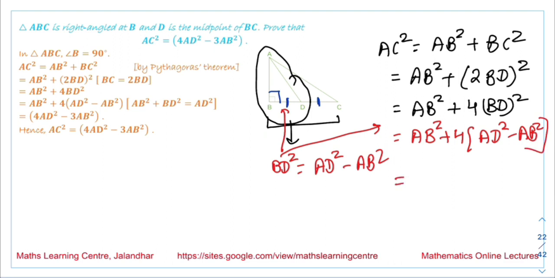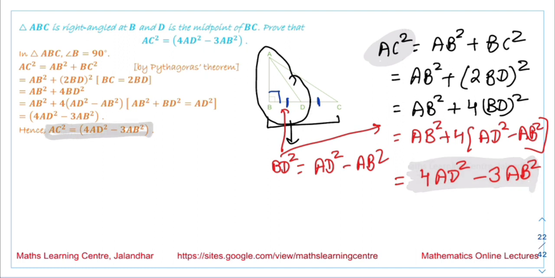So the answer we are left with is 4 times AD square minus 3 times AB square. So what we get is that AC square is equal to 4 times AD square minus 3 times AB square, and this is what we have to prove.